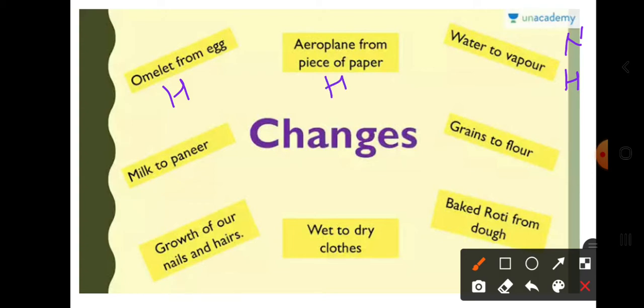Water to vapor occurs in the water cycle, so it's a natural change. Grains to flour, a human made change. Baked roti from dough, also a human made change. Wet to dry clothes, a natural change. Growth of our nails and hair, also a natural change. Milk to paneer, a human made change. That means we can classify the changes as natural changes and human made changes.